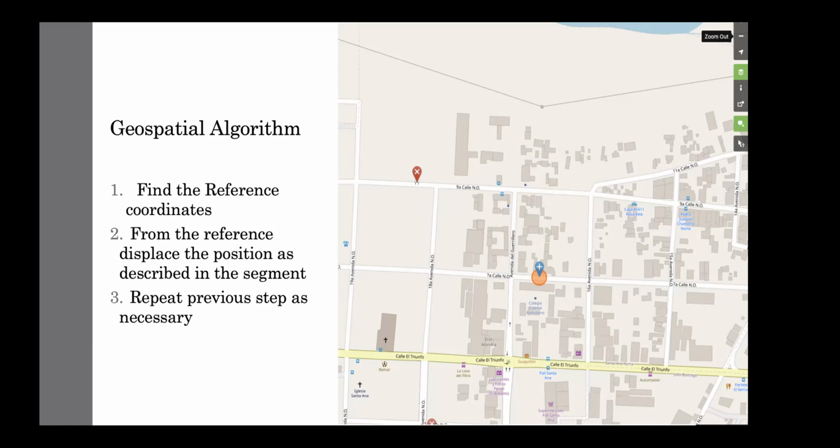So the algorithm is straightforward, but the difficulty is in the details. For example, regarding the references, something we use in Nicaragua specifically is references that don't exist anymore, or references like that little tree.